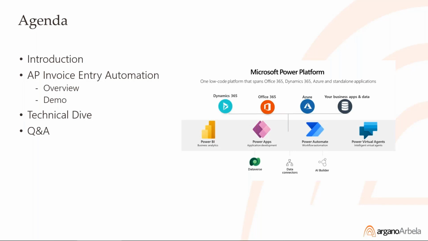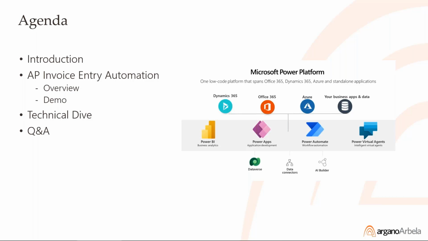So what we'll do from an agenda perspective is, for those of us that may not be totally familiar with Argano Arbella or some of the individuals who would be presenting for you today, we'll set aside some time for that. And then we're going to hop into the AP invoice entry automation. We'll talk a little bit about the components. We'll give you an overview of the different steps within the process of AP invoice entry automation.